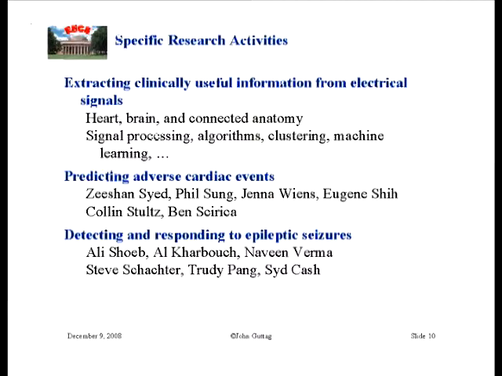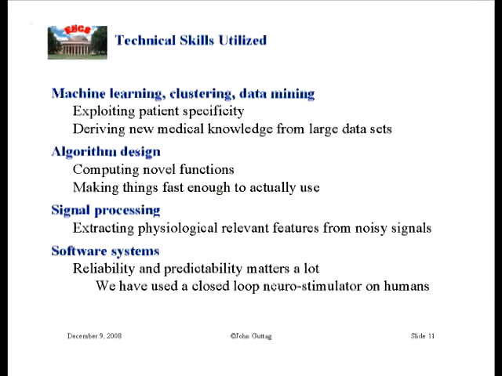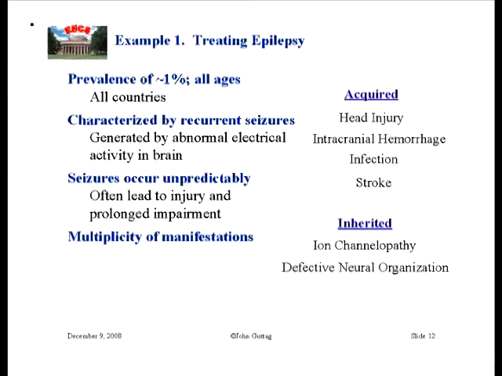The two major projects in this area we've been working on are predicting adverse cardiac events and detecting and responding to epileptic seizures. And I want to say a few words about each of those. So example one, treating epilepsy.